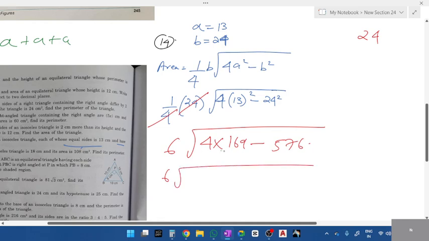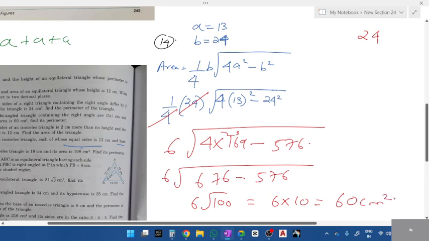Multiply 4 into 169. 4 nines are 36. 676 minus 576. What do we get? 100. 6 into root 100. What is root 100, students? 10. So the answer is 60 centimeters square.